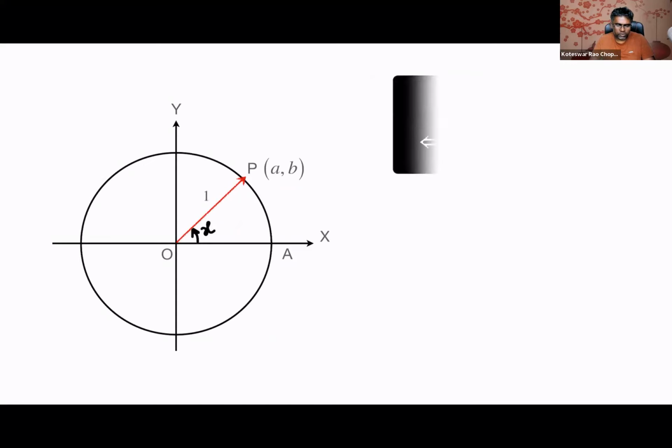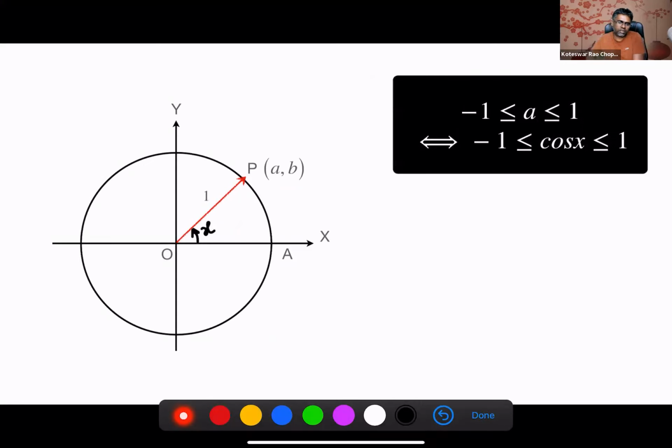Now let's look at the range here. If a particle goes around the circle, what are the values that the x coordinate will take? We are saying that this is a unit circle. The maximum value of x on the circle will be here, +1. The minimum value is -1.